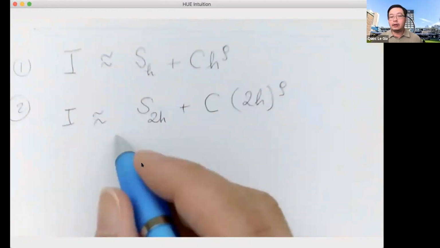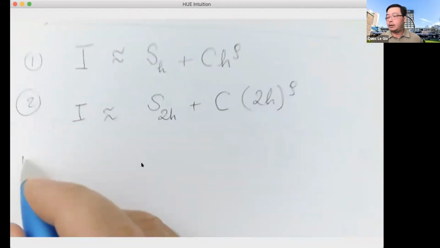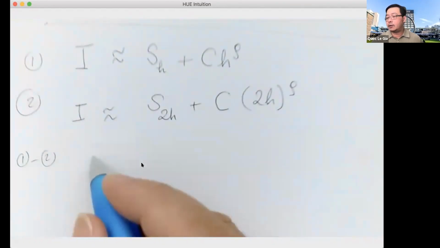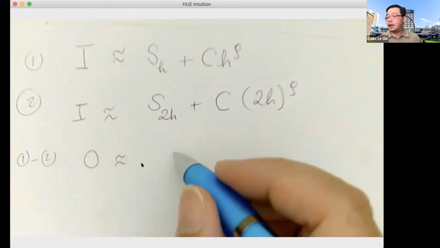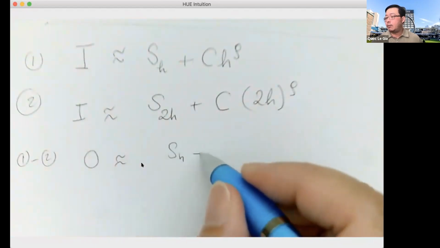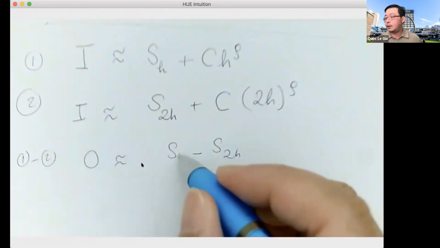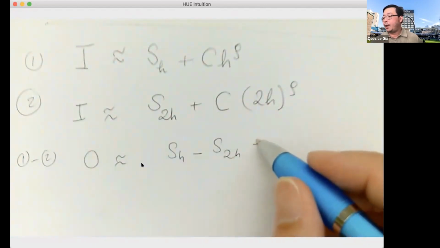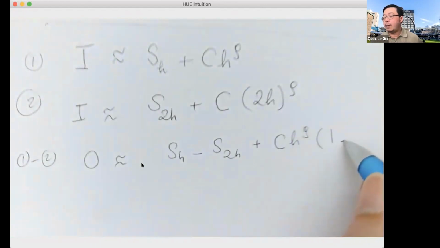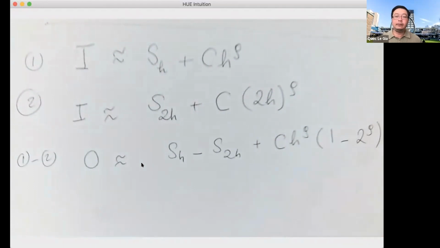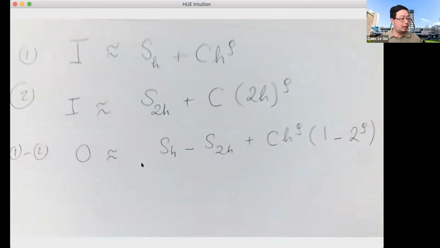That gives S_h minus S_2h plus C h to the rho (1 minus 2 to the rho).